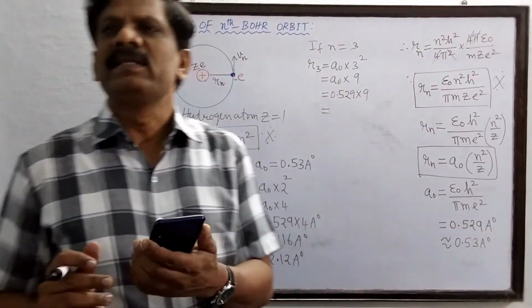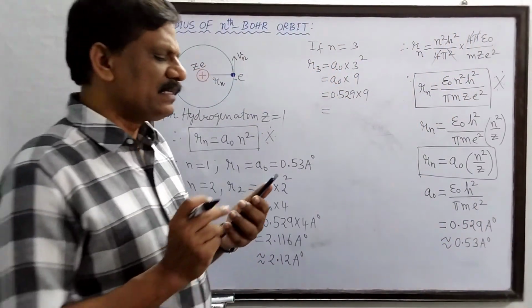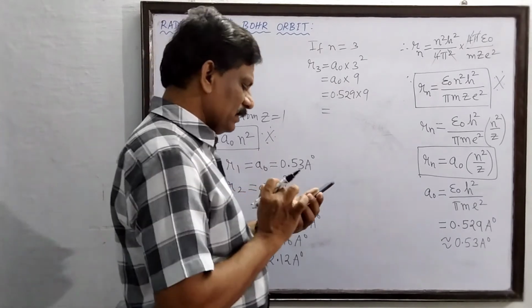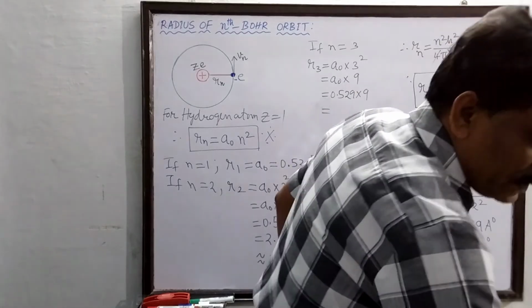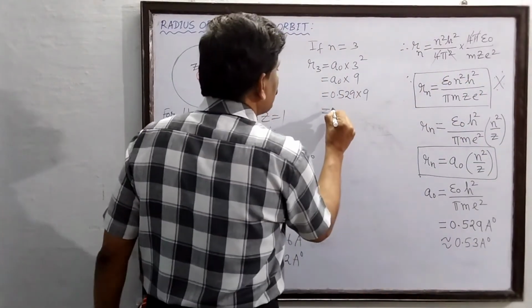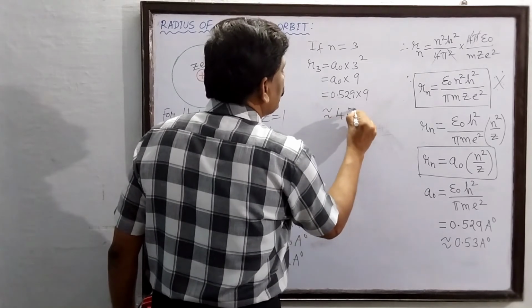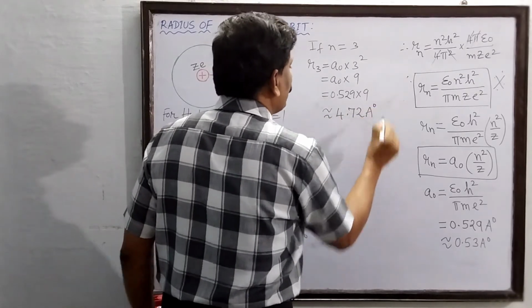It is nearly 4.7, so I will write this is nearly equal to 4.72 angstrom unit.